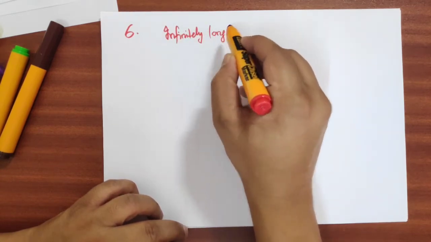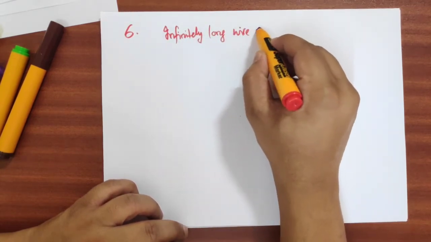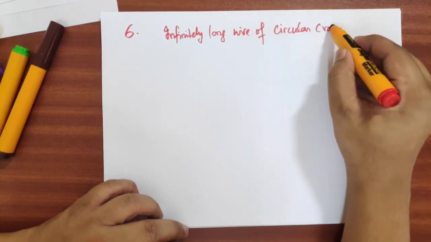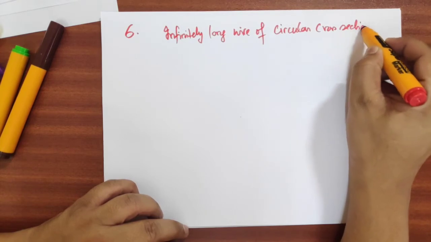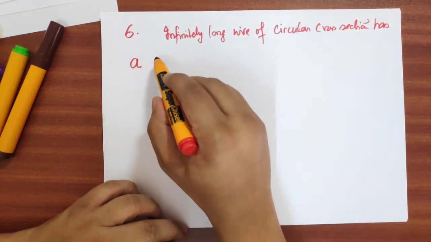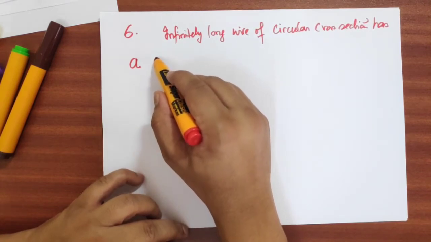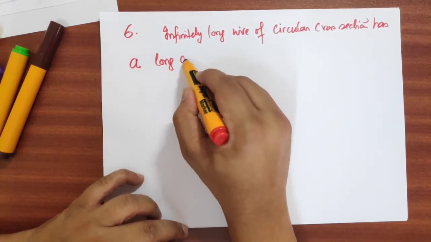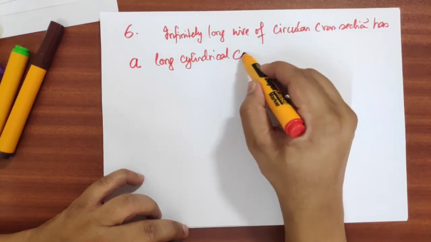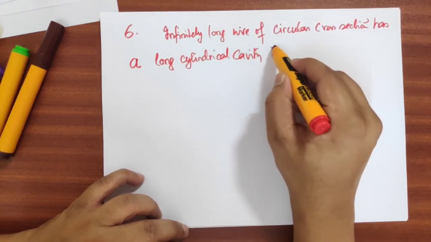An infinitely long wire of circular cross section has a long cylindrical cavity inside it.